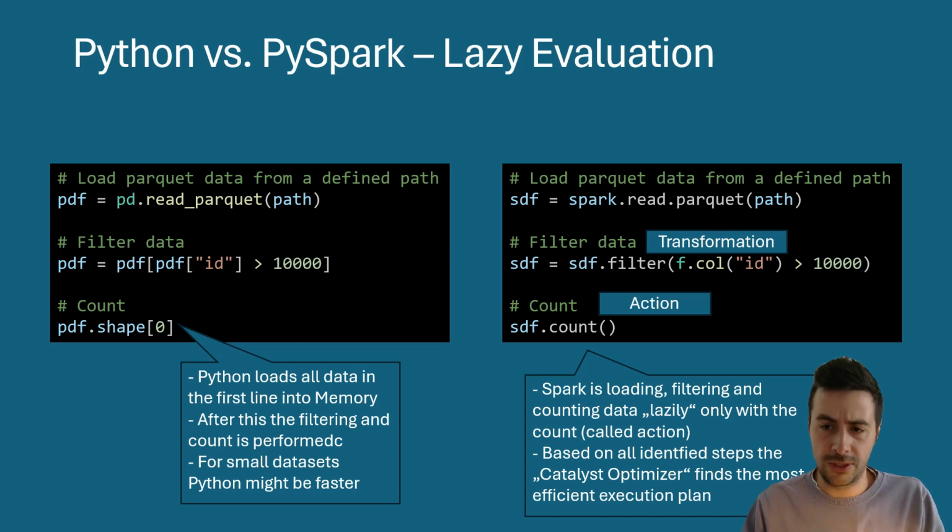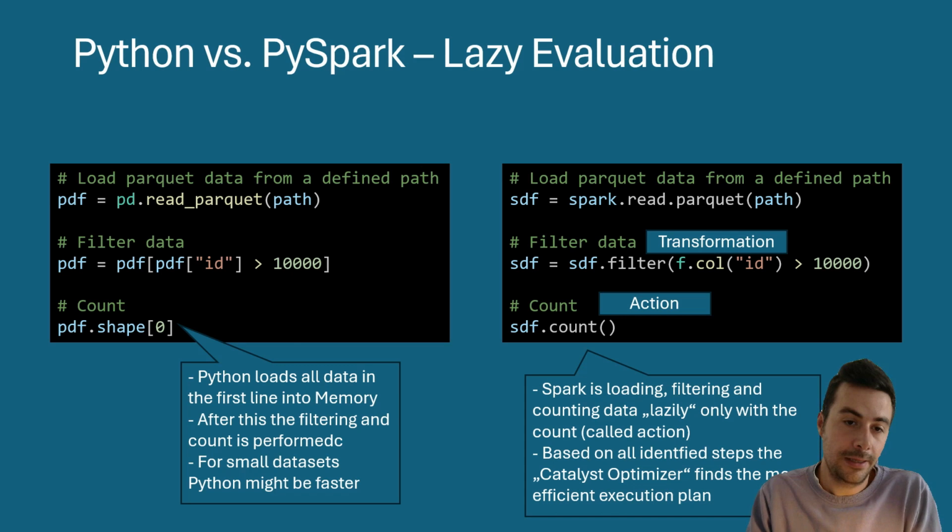Then the so-called Catalyst optimizer optimizes all those collected transformations with your query engine. An example could be predicate pushdown, which is available for Parquet. As we're using here only the column ID, we might not load the whole data set, but rather load only the column ID, which is enough to perform the filter and the count in this case.